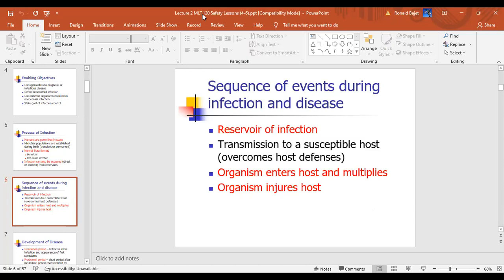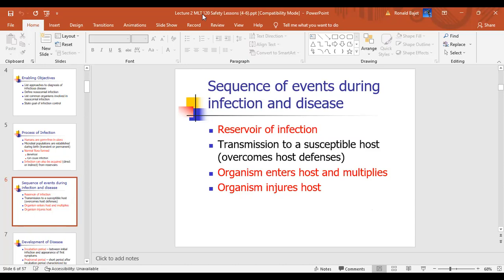The sequence of events during infection and disease: there's a reservoir of infection or bacteria that exists, for example a cat, and then there's transmission to a susceptible host. Let's say that cat scratches an individual and you become the susceptible host.